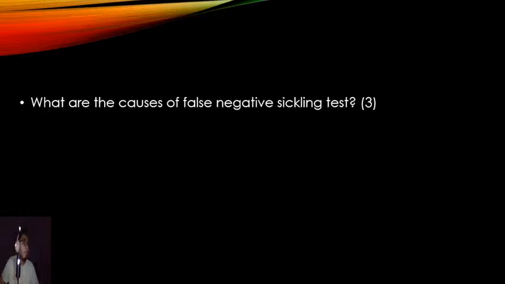Okay, now let's move on to false negative results for sickling tests. So there are three causes of false negative results. Of course, patients with anemia, right? There needs to be a certain amount of blood cells in your suspension when you're doing sickle cell testing or sickling tests.